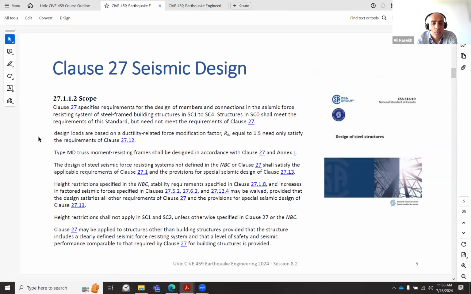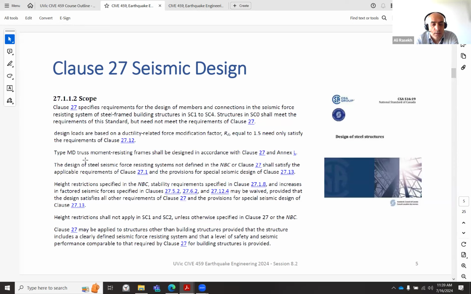And the design loads based on a ductility-related force modification factor equal to 1.5 need only satisfy the requirements of 27.12. So if you are happy with 1.5, then you only need to satisfy 27.12, which is probably related to the traditional or conventional type of design and construction.